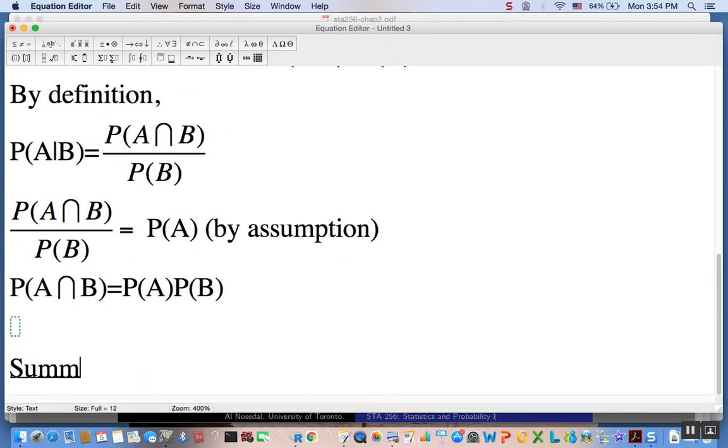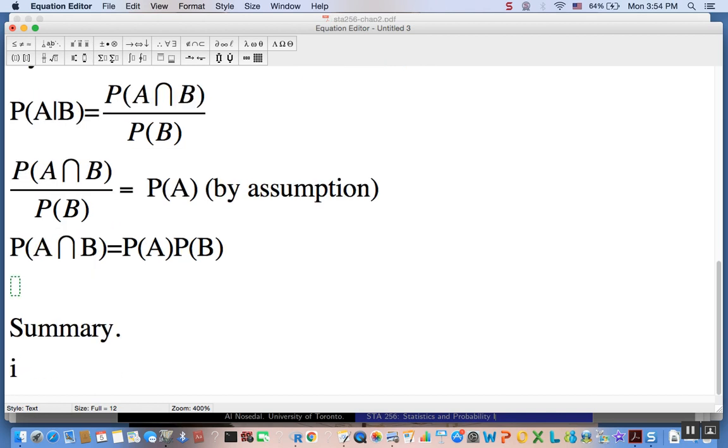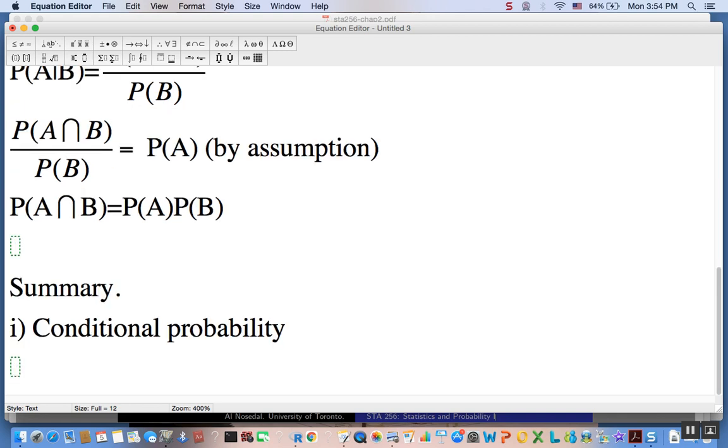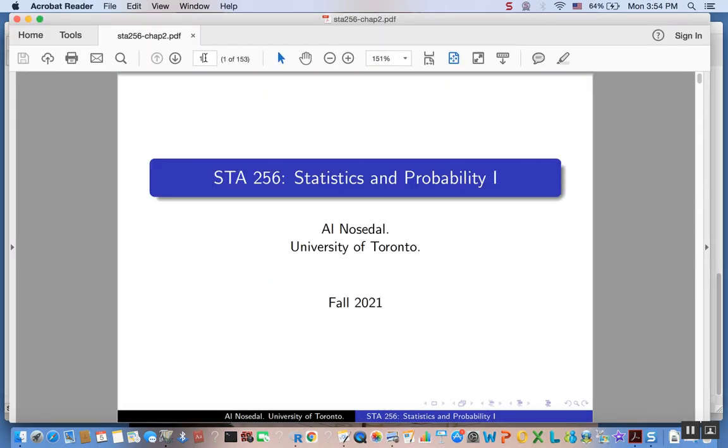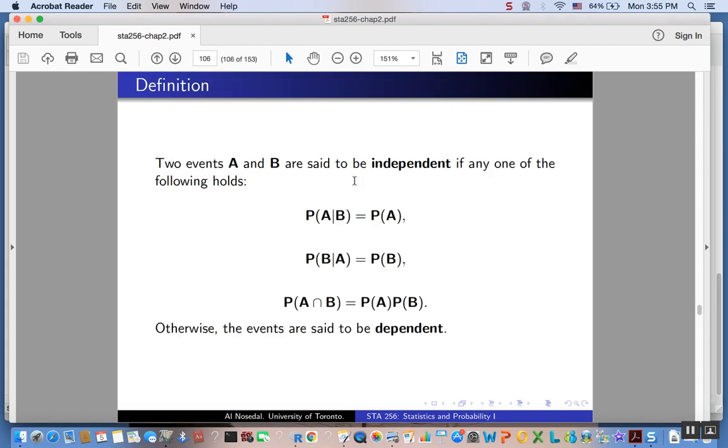So, summary. What we talked about today was conditional probability and independence. Remember we have these three different ways of checking that A and B are independent, and all of them are equivalent.